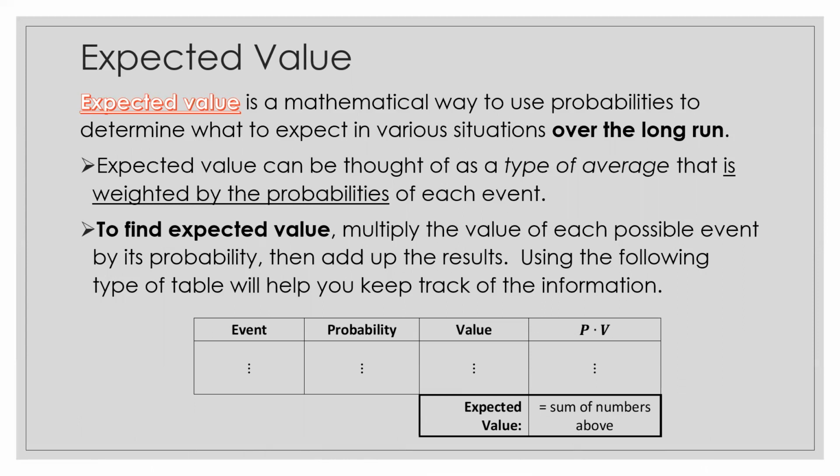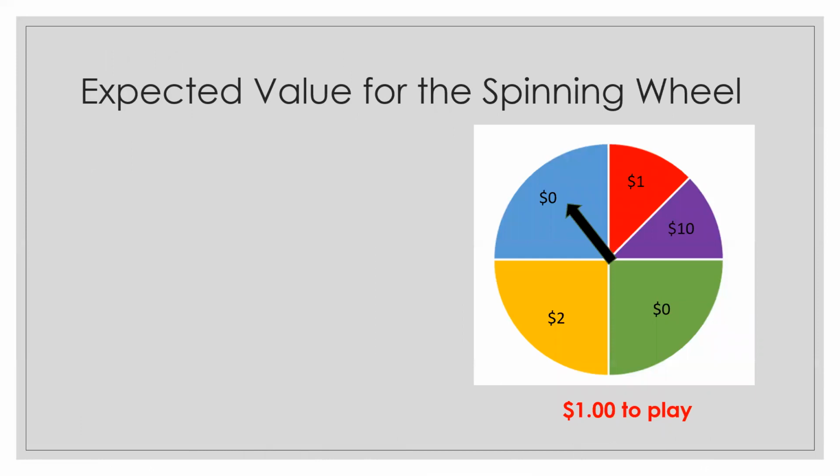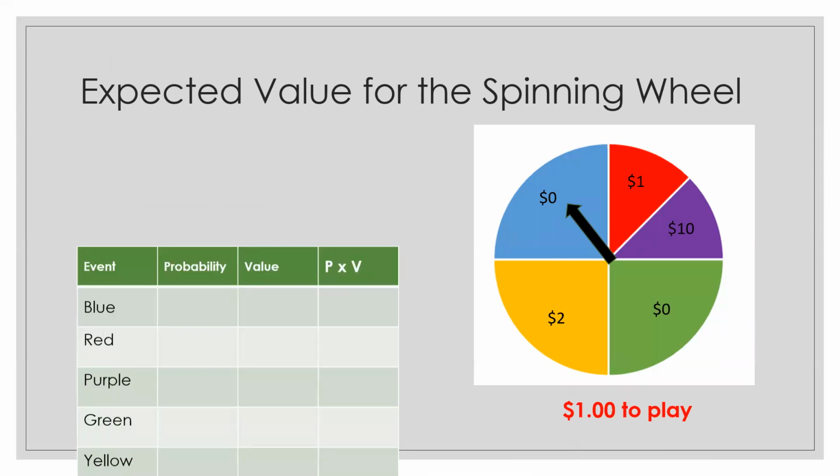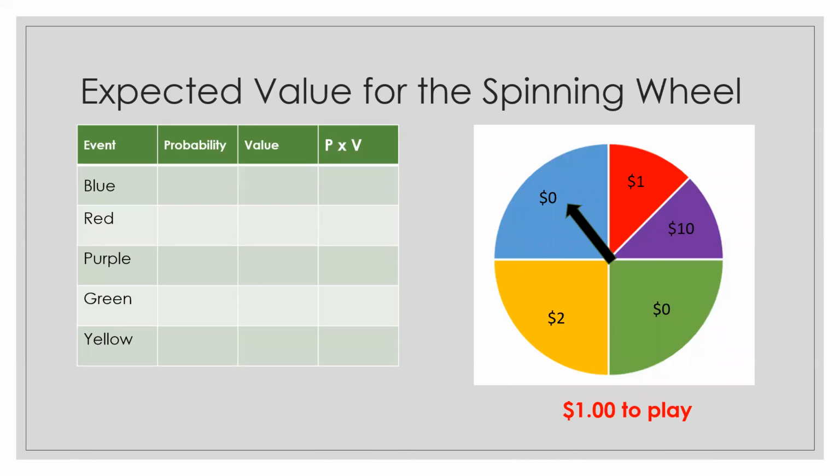Okay, so let's go back to our game and find the expected value and think about what that means to us. The events would be blue, red, purple, green, or yellow. Those are the possible outcomes. The probability of blue looks like a quarter of the circle, so that's 1 out of 4, and the value is $0.